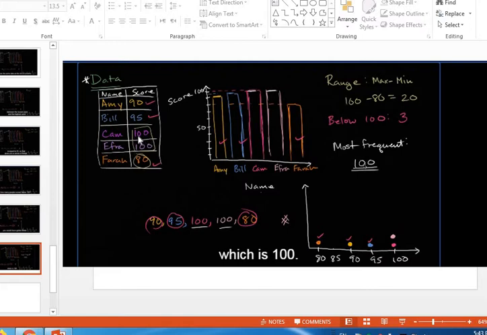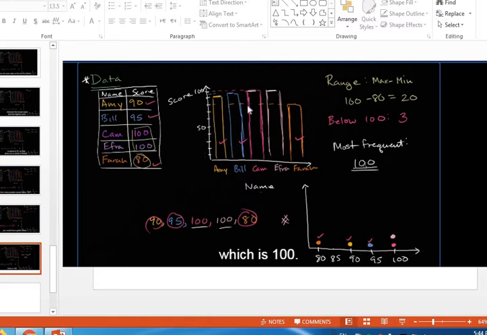Kaim and Ifra both got 100. So 100 is repeated 2 times, but 90 just 1 time, 95 just 1 time, 80 just 1 time. So the most frequent will be the 100 score.